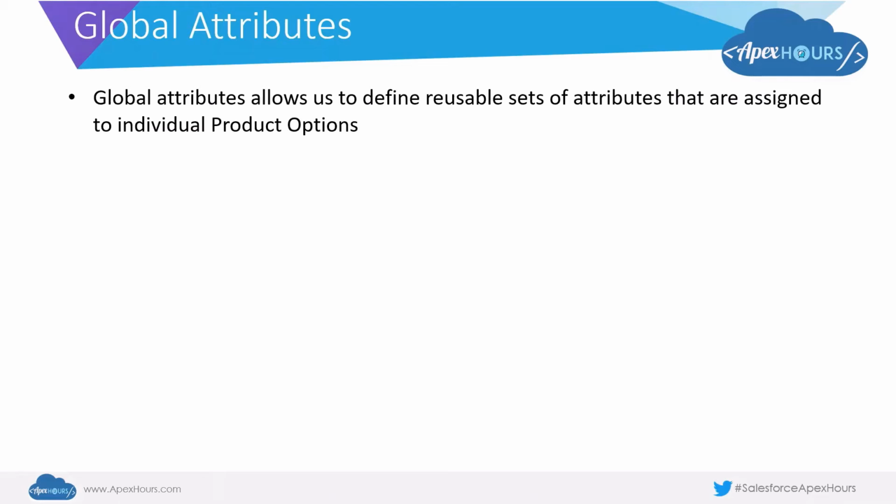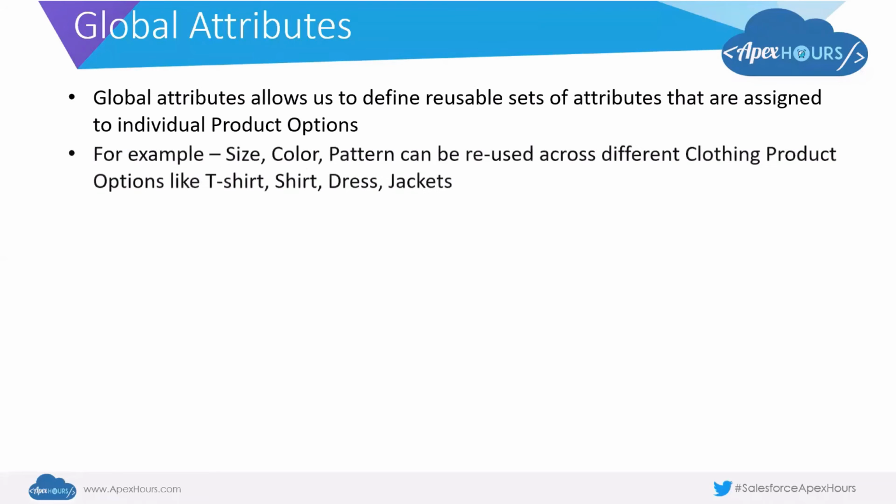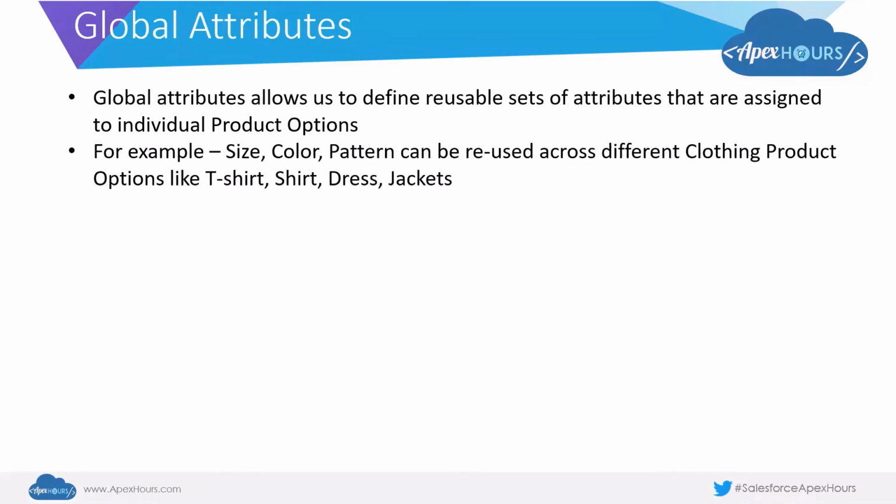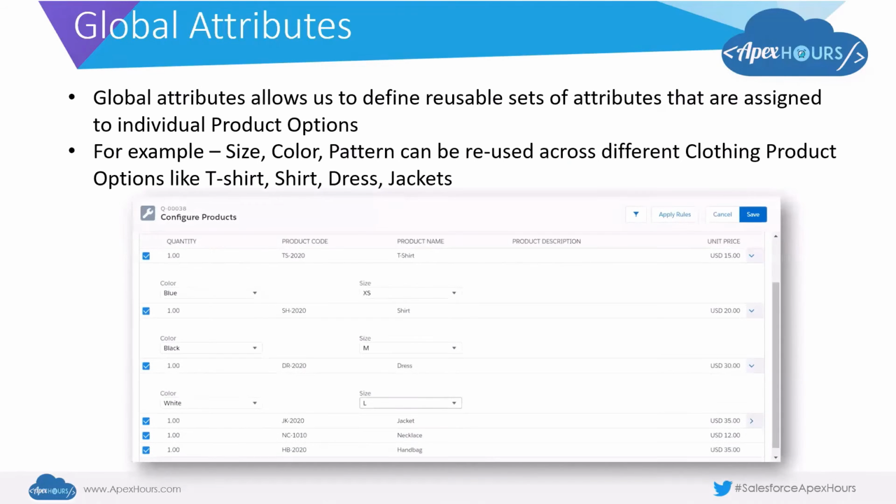So we consolidate them to a set and then associate them to options. For example, size, color, pattern can be reused across different clothing product options, right? So if we have t-shirts, shirts, dress, jackets, we could use the size or color or pattern across these product options. So that is where global attribute comes into play.